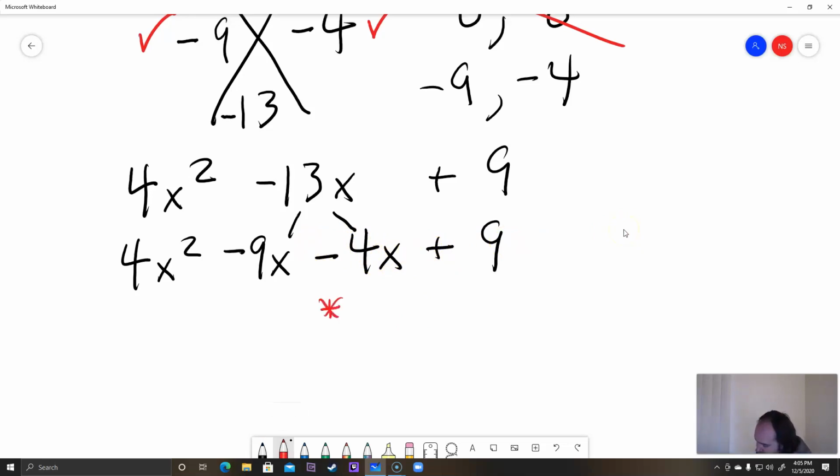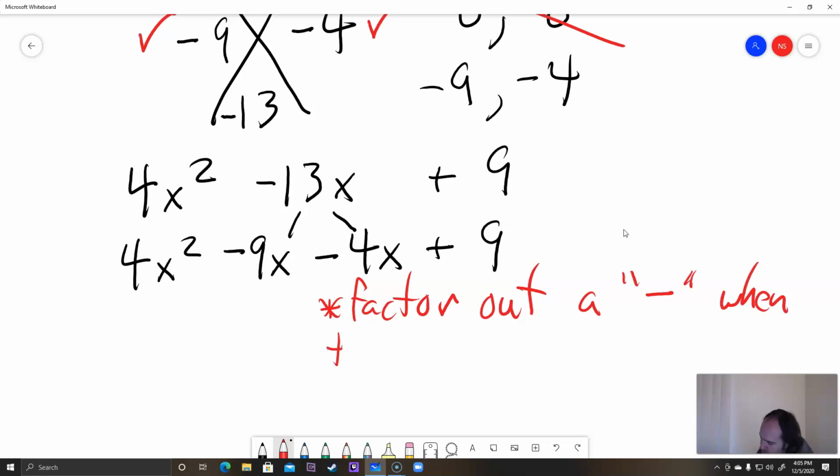Okay, so here, for the last two terms, we factor out a minus when the third term is negative. Okay, so factor out a minus when the third term is negative.